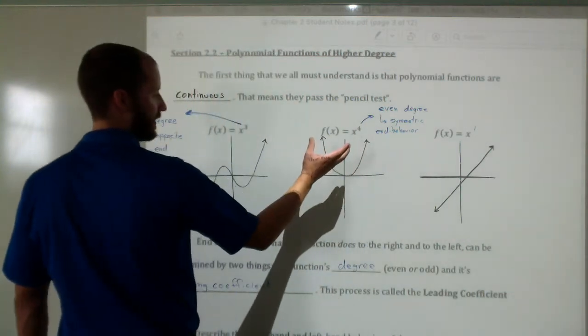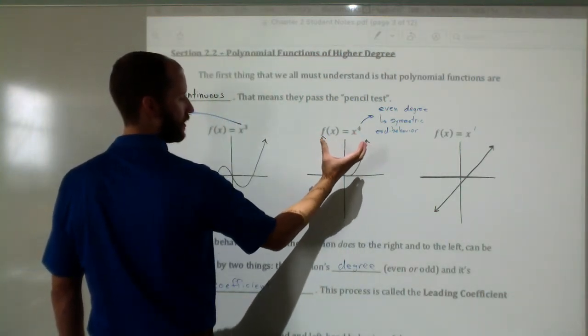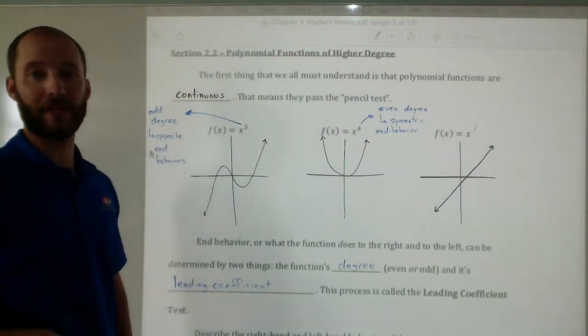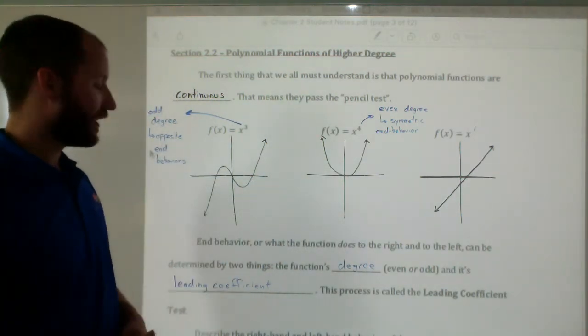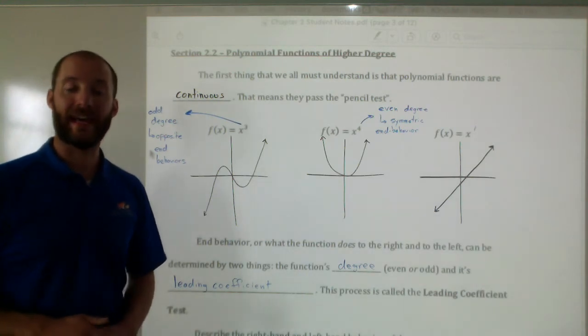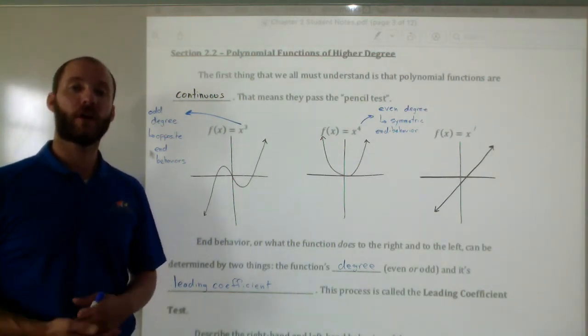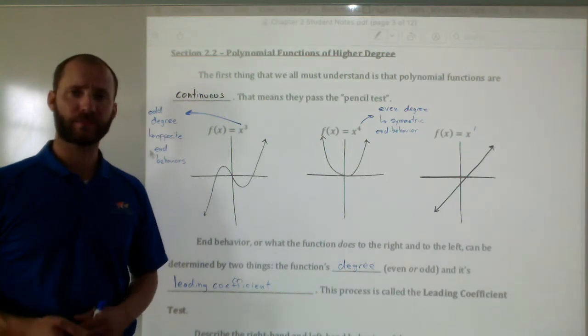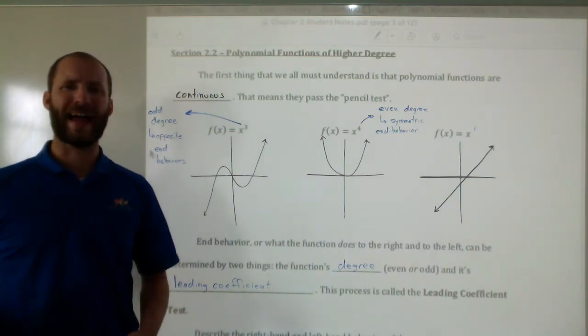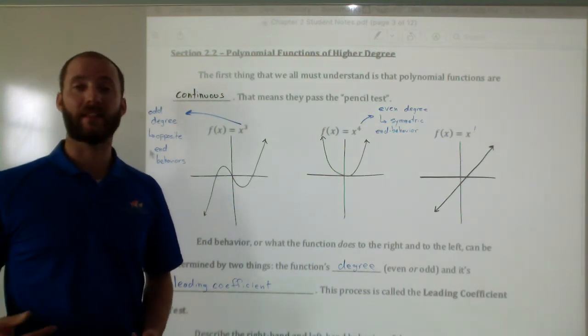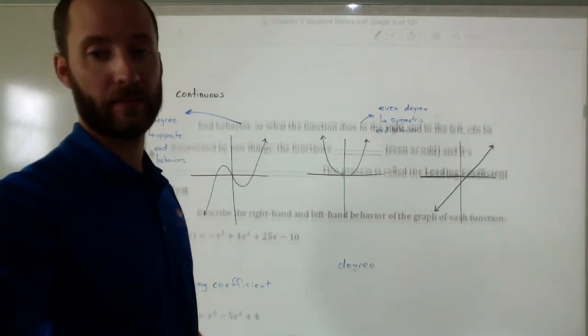Reflection over the x-axis takes that symmetric end behavior, both going up, and now they are both going down. This is called the leading coefficient test, and it's how we can talk about end behavior for polynomial functions. The actual math here is quite simple. What I want to focus on is the language of how you should be writing it.